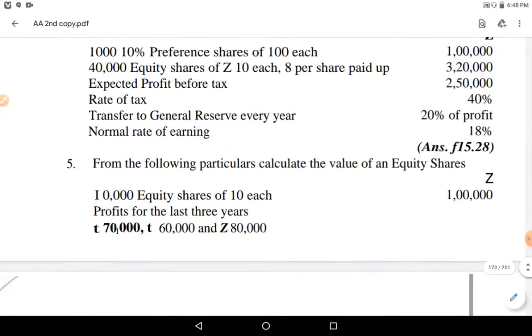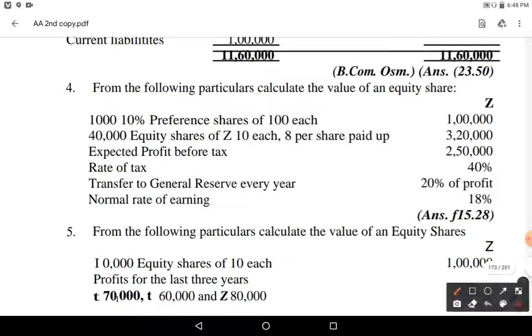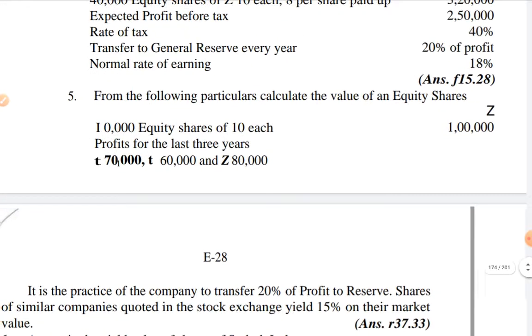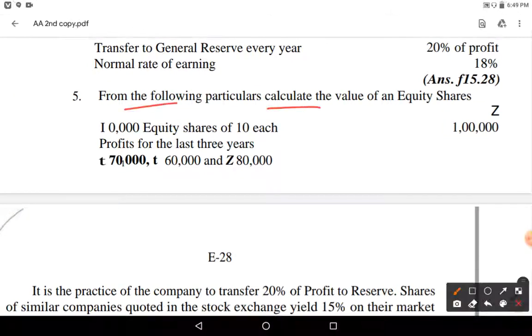And question number 5 is similar to question number 4, which we did before in the previous video. Here, from the following particulars, calculate the value of an equity share. They have said 10,000 equity shares of rupees 10 each, 1 lakh. Profits for the last 3 years: 70,000, 60,000, 80,000.